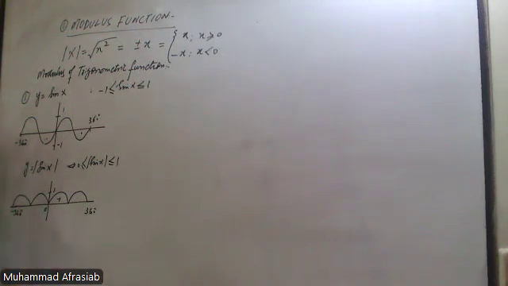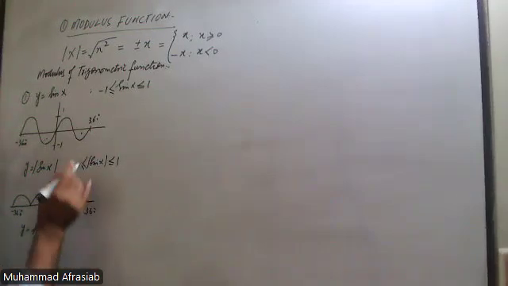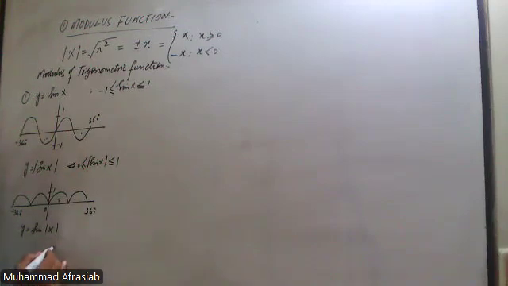Then with the help of this same graph, we will now draw the graph of y equals sine of modulus x. This is only the modulus of x, and the earlier one was the whole modulus of sine x. So the positive values of x will remain positive, and their nature will be the same as shown.